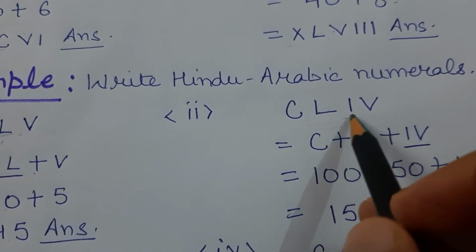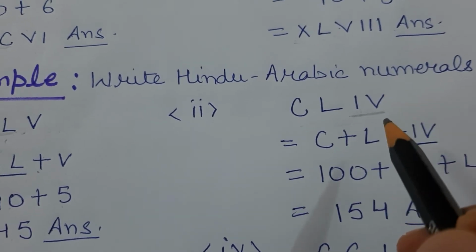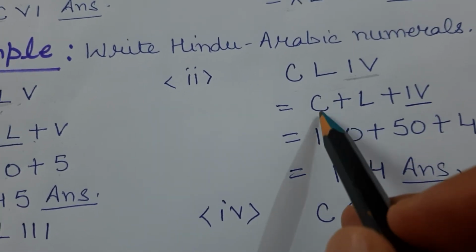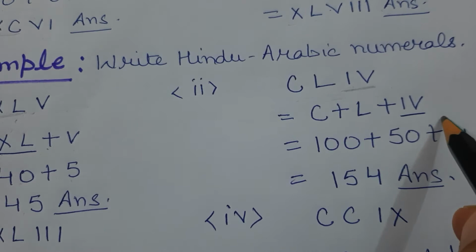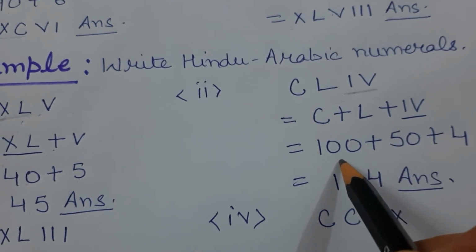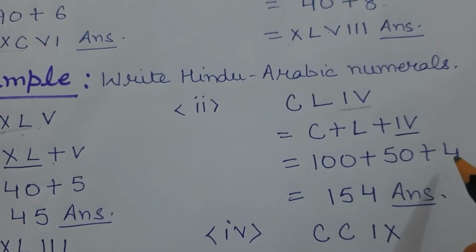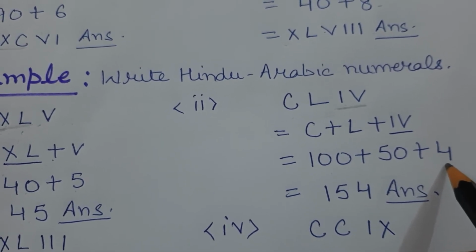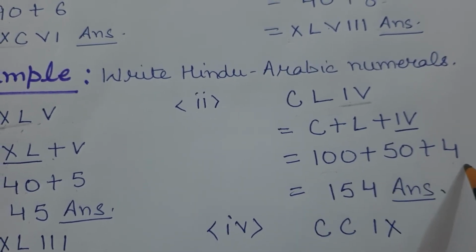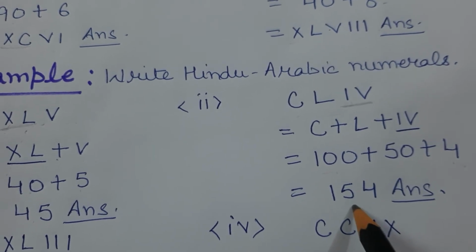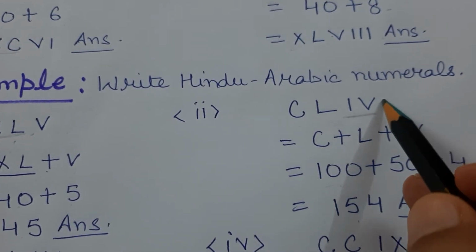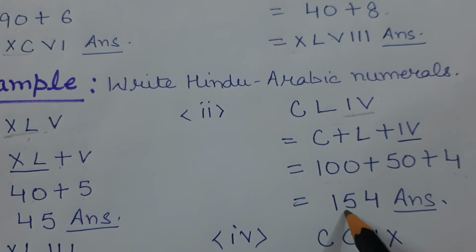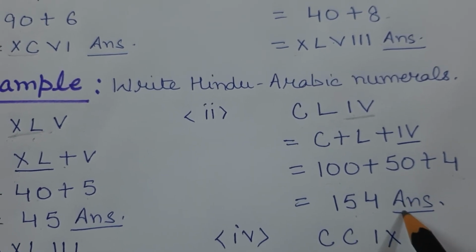So this is combined: C plus L plus IV. C you know is 100, L you know is 50, IV is 5 minus 1, that is 4. When you add all these numbers, you will get 154. It means this stands for 154.